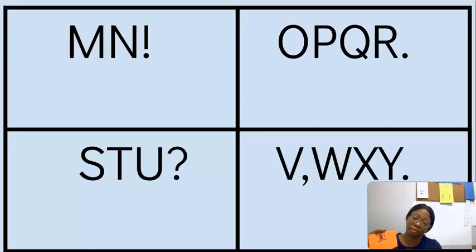J, K, L. M, N. O, P, Q, R. S, T, U. V, W, X, Y. Okay, so when you see a comma, what do we do? Pause. Good job.